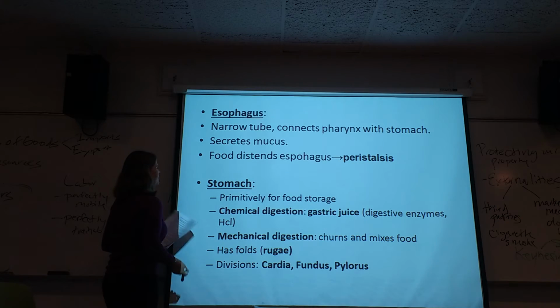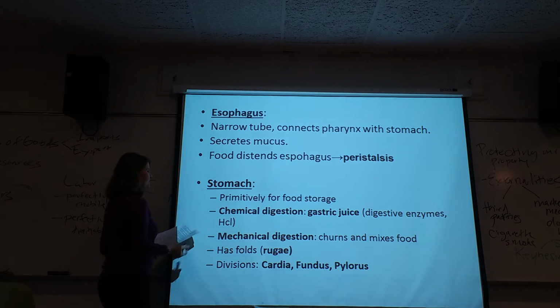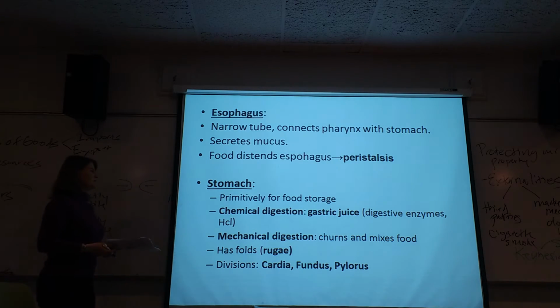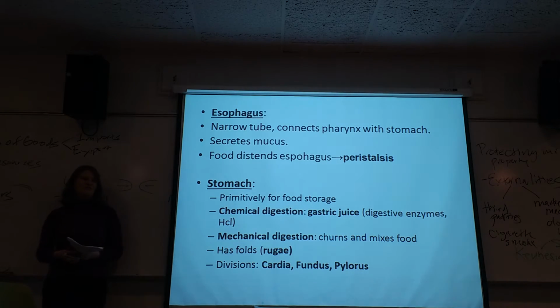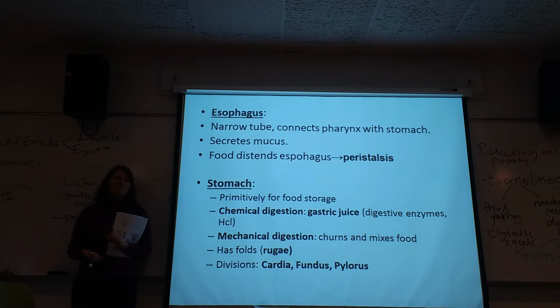Okay, and then at the bottom of the esophagus, we have the stomach. The stomach is a primitively developed organ that serves to store food. It doesn't actually begin digestion, but it's the first part of the alimentary canal that does digestion. Digestion actually starts in your mouth with both mechanical and chemical digestion.